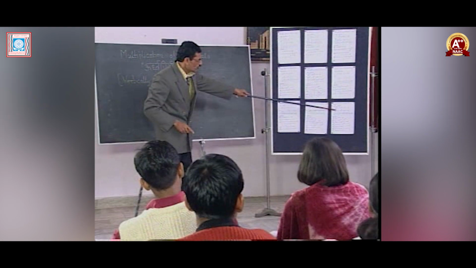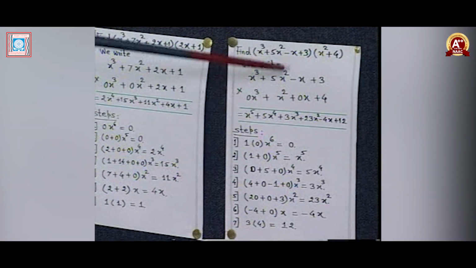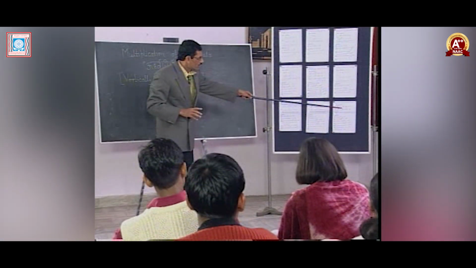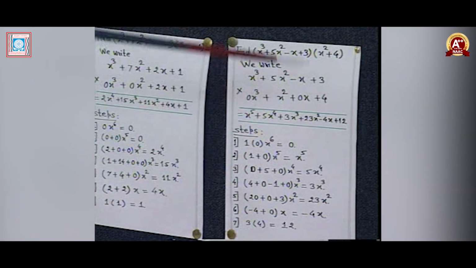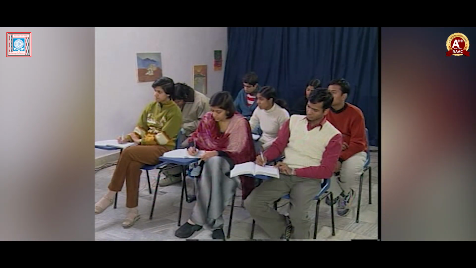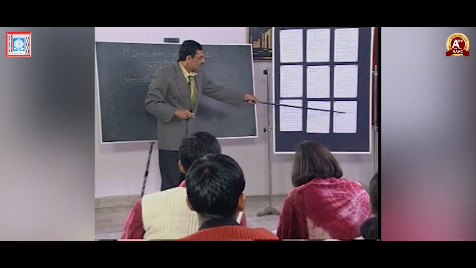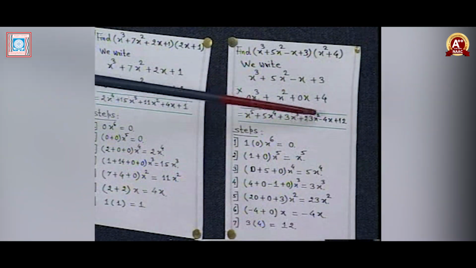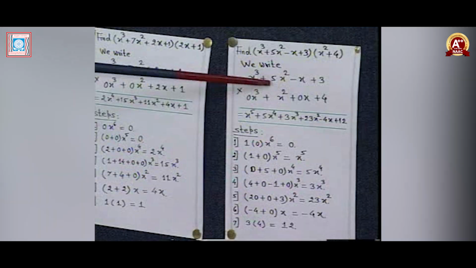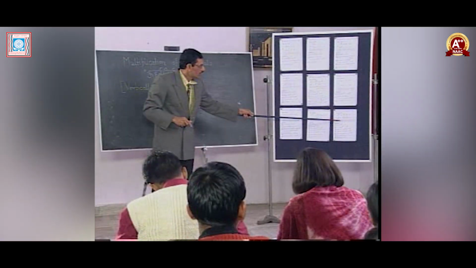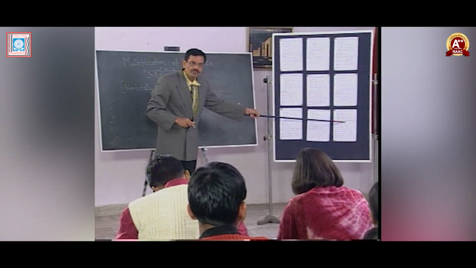See, 0 into 0, okay, 1 into 1, 1. 1 into 1, x to the power 5. Then 1 into 0 plus 5 into 1 minus 1 into 0, 3x cube. Then 4x cube plus 3, then 5 into 0 minus 1, we will get 3x cube.